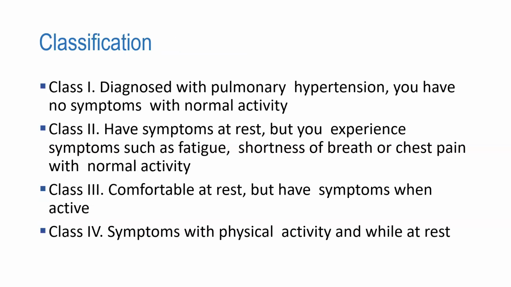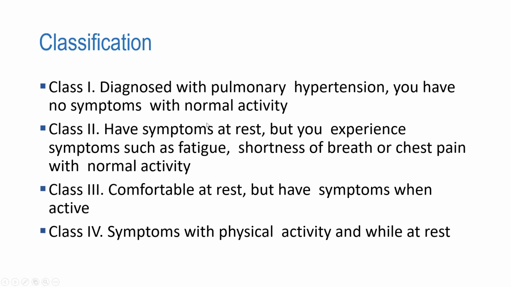Okay, so for classes, class 1, you've been diagnosed, but you don't have symptoms with normal activity. You only have symptoms with excessive activity. Class 2, you have symptoms at rest, and you have fatigue, shortness of breath, and chest pain with normal activity.